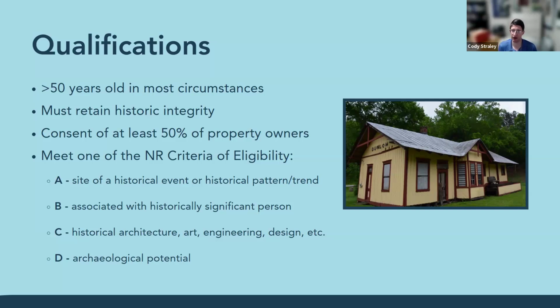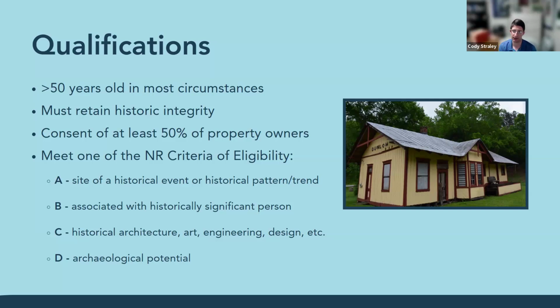If more than half of the owners object to a nomination, then the project cannot move forward and the district doesn't become a district. And then lastly, the property has to meet at least one of 4 different criteria established by the Park Service.